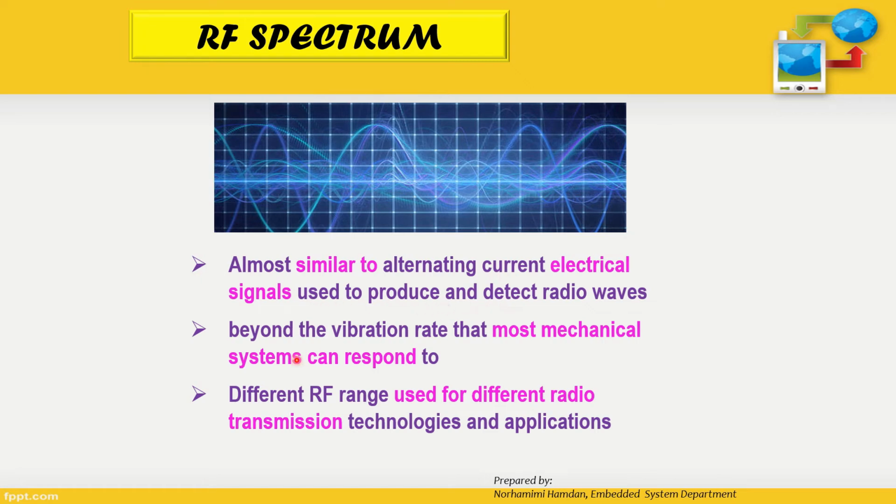Other than that, its signal is beyond the vibration rate that most mechanical systems can respond to. And then, different radio frequency ranges are used for different radio transmission technologies and applications. This is the reason why radio frequency can be used to replace wire in wireless technology.